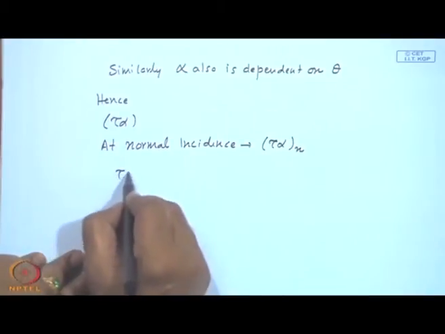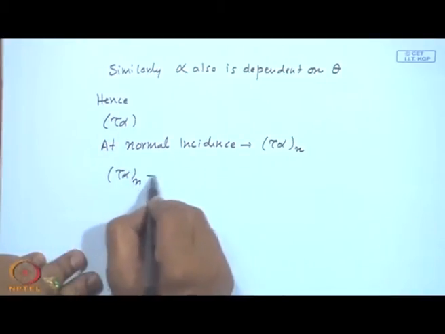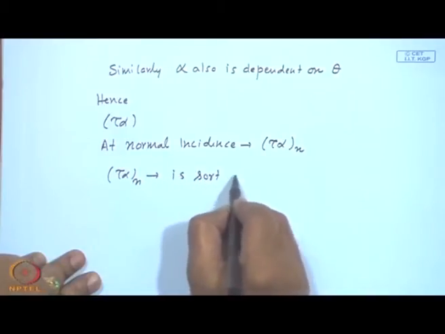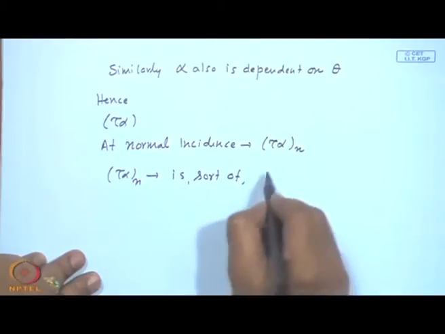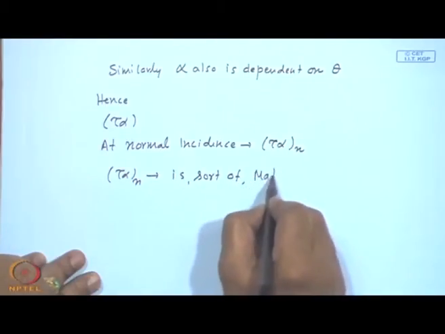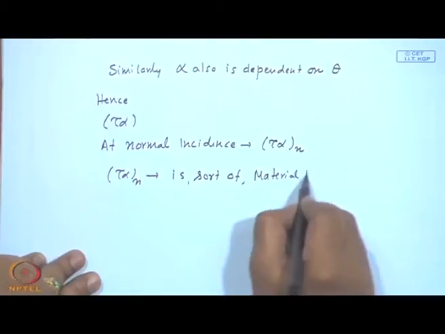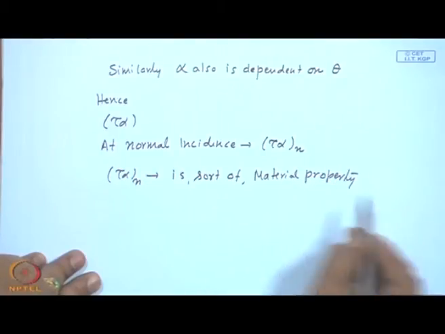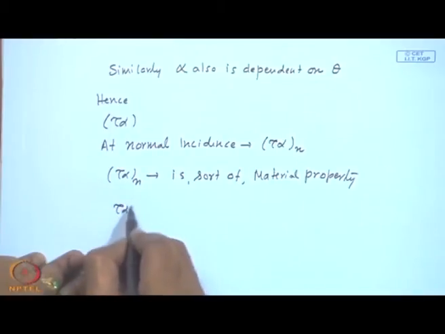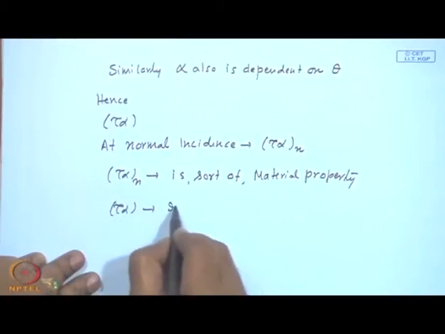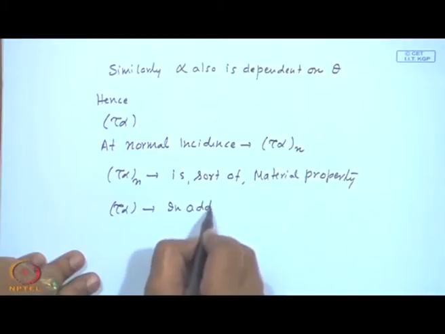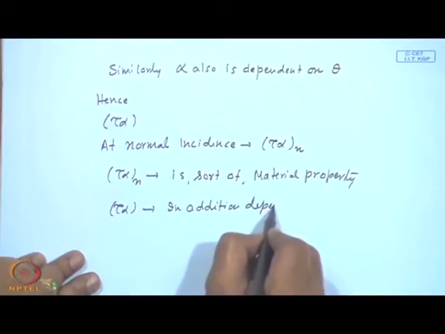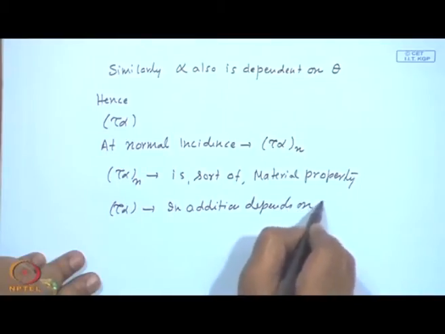So, tau alpha n is sort of a material property, and tau alpha in addition depends on theta.